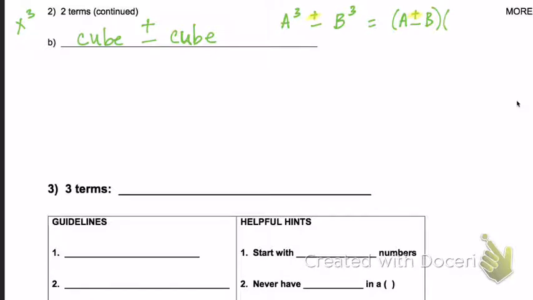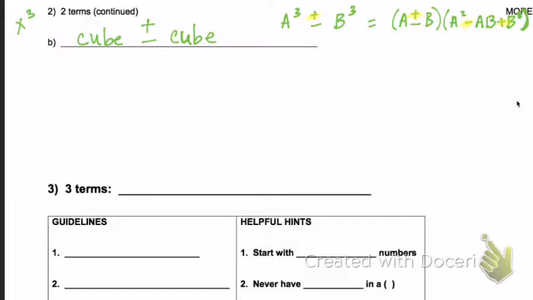Then times a squared minus ab plus b squared. Sorry, y'all can't read that. A squared minus ab plus b squared. And that's if you have a plus, then it's minus and then plus.